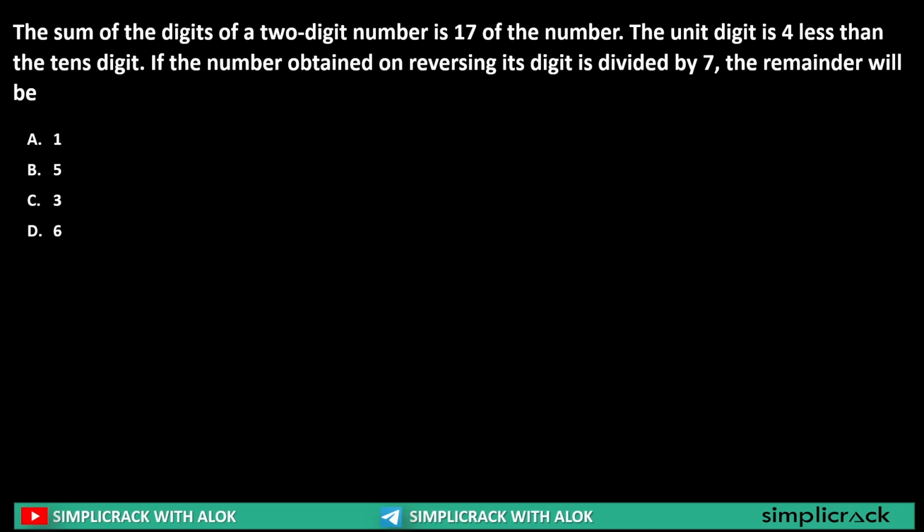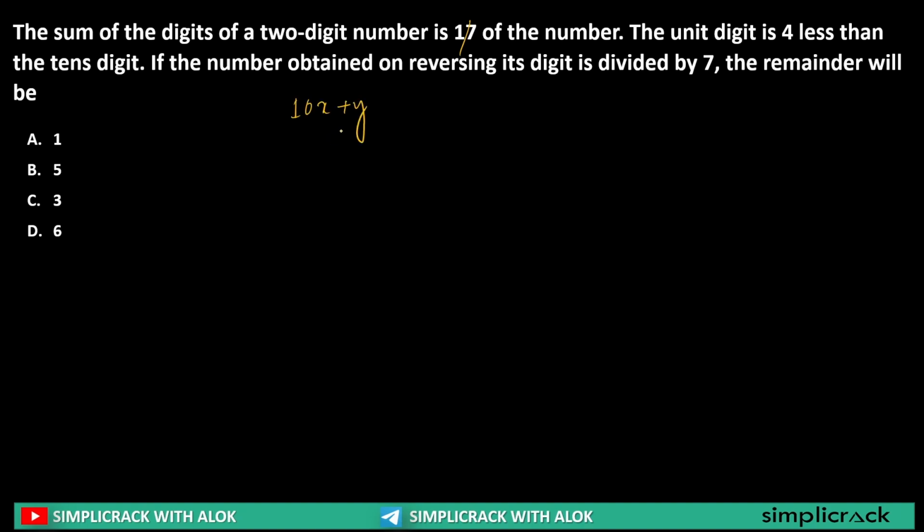The sum of digits of a 2-digit number is 1/7th of the number. You need to understand this. Sorry, it should not be 17, it should be 1 by 7th of the number. For example, the 2-digit number is 10x plus y.